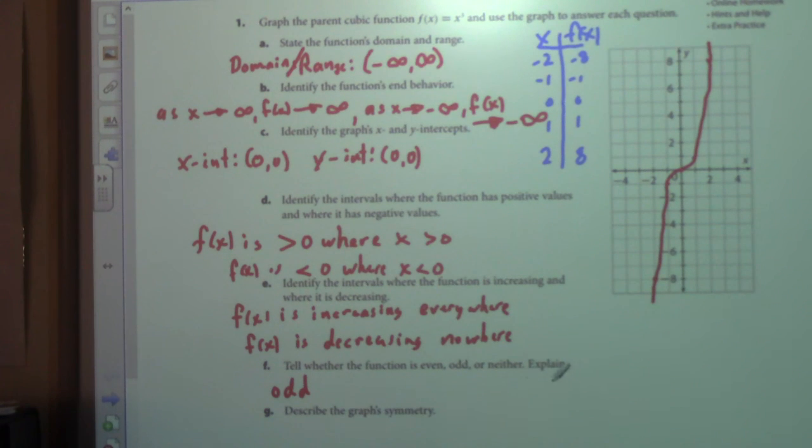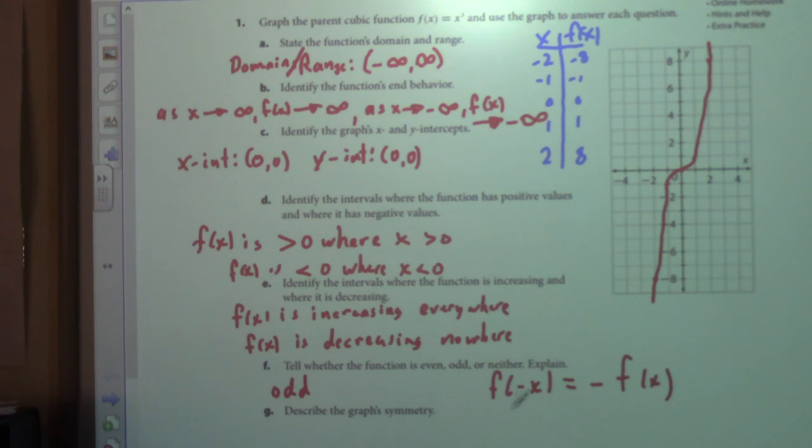Tell whether the function is even, odd. Explain. Actually, the way to do this is f of negative x is equal to negative f of x. That's sort of the textbook definition. So what's f of 2? 8. And what's f of negative 2?